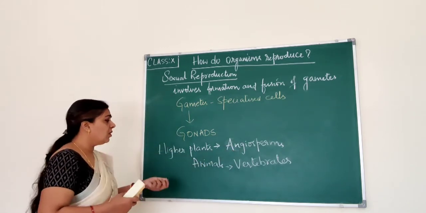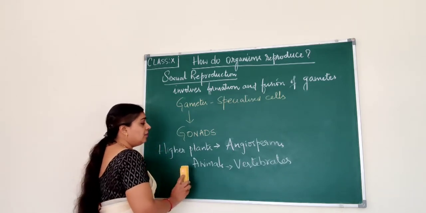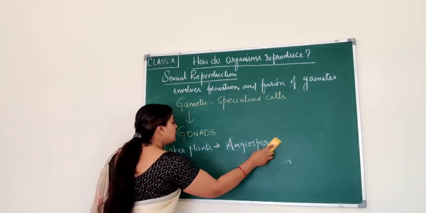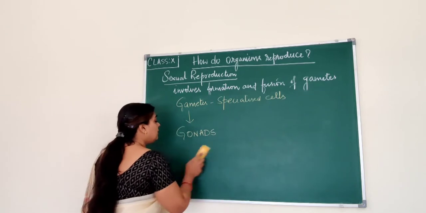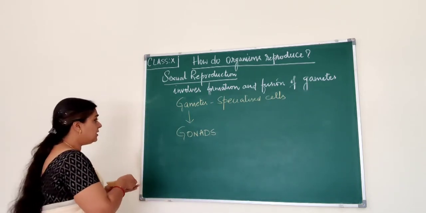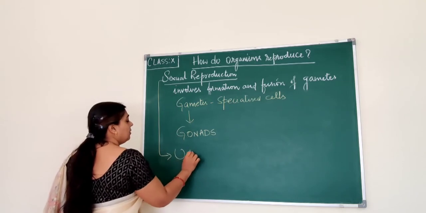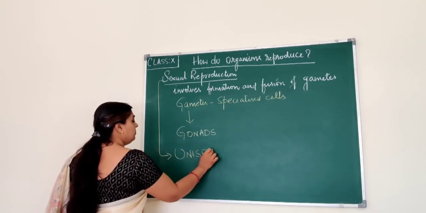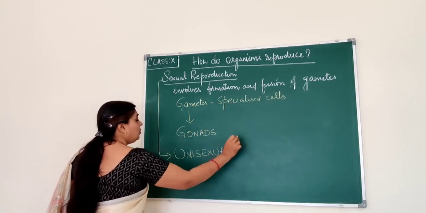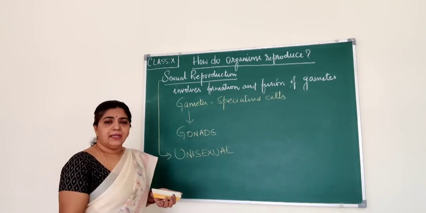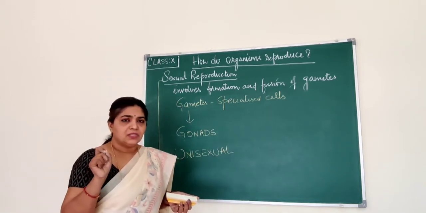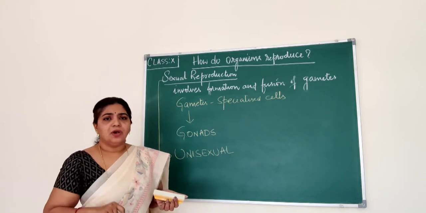Why are we talking about higher plants and higher animals? Because sexual reproduction is seen in a group of organisms called unisexual organisms.